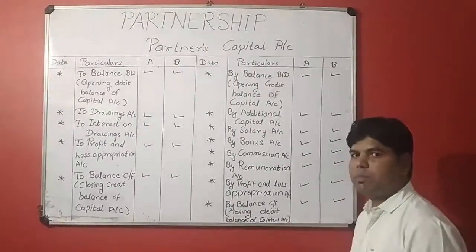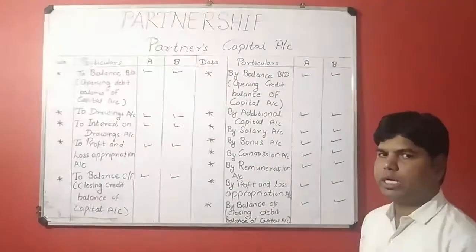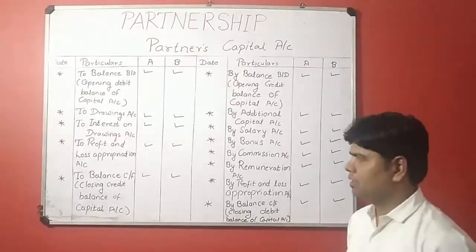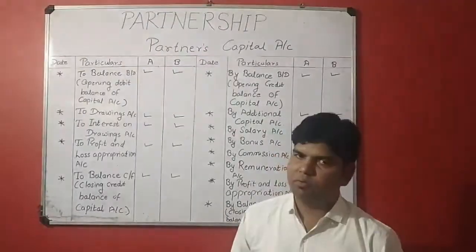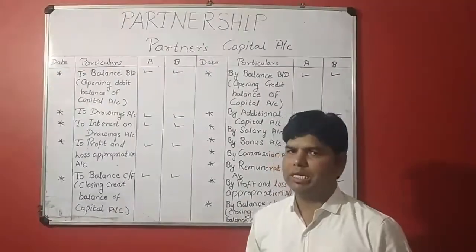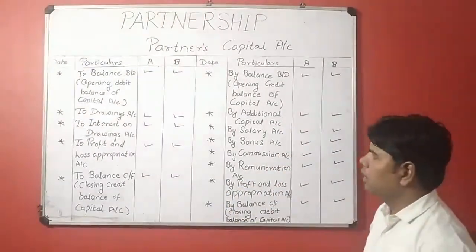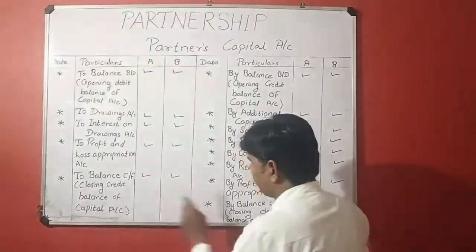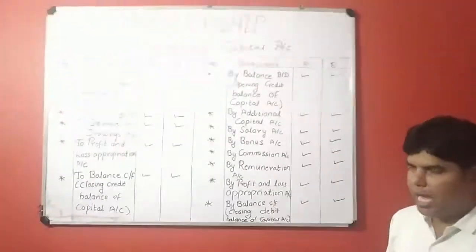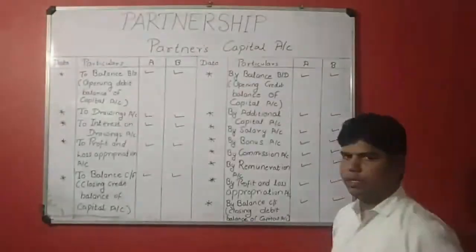That's why this method is known as the fluctuating capital account method. All the transactions between the partner and the partnership firm will be recorded in this capital account. In this method, the balance of the capital account is either debit or credit.